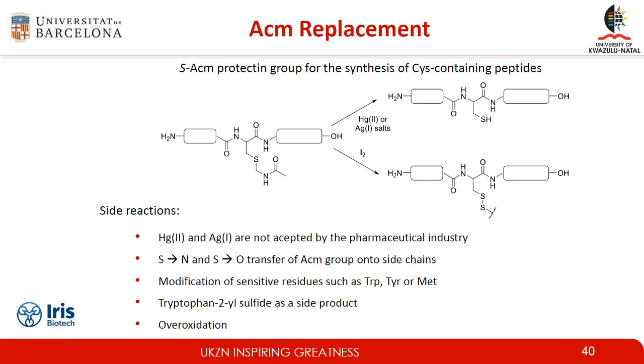This means the group can go from the cysteine to some of the lysine, can go to the tryptophan, can go to some of the tyrosine. It can modify tryptophan, tyrosine, and methionine, and can also give over-oxidation.